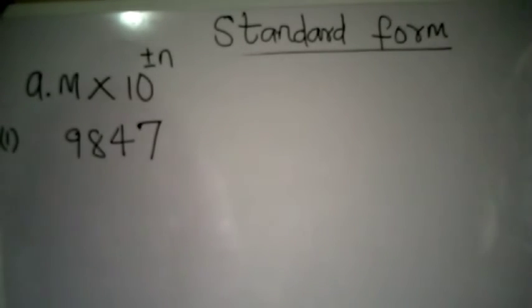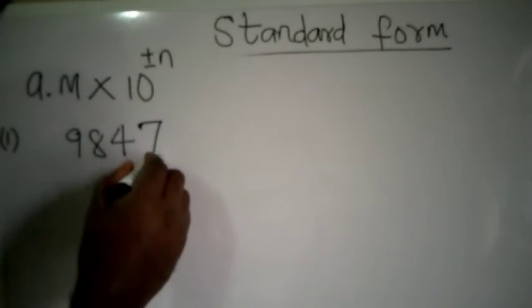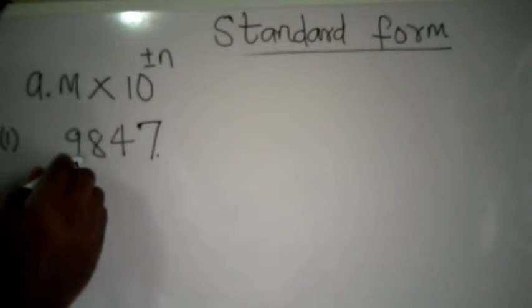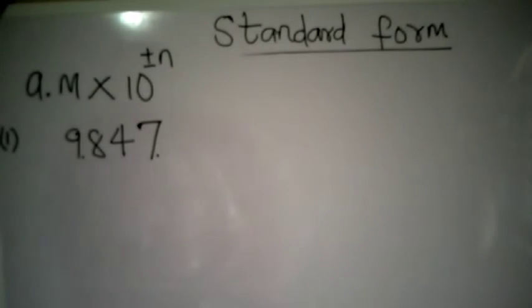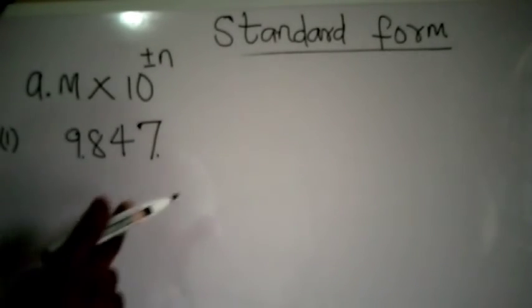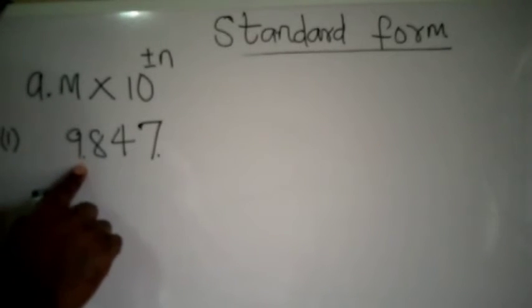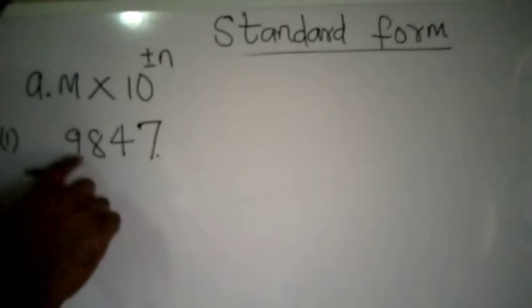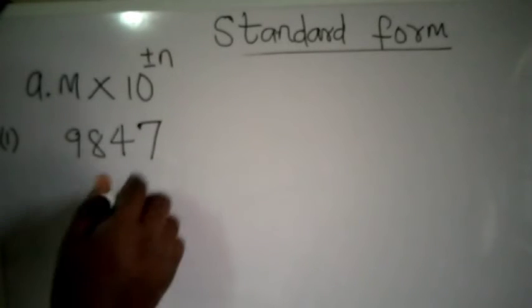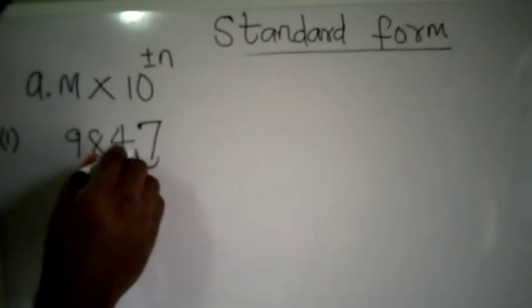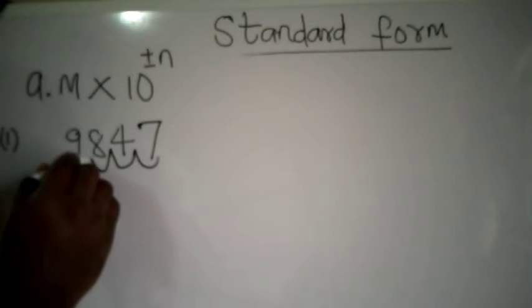Now, I have to move my decimal point from here to the back of the first non-zero digit. That is the rule of standard form. The decimal point must always be at the back of the first non-zero digit. So I have to move this from here all down to here, and that will be, I move 1, 2, and 3.